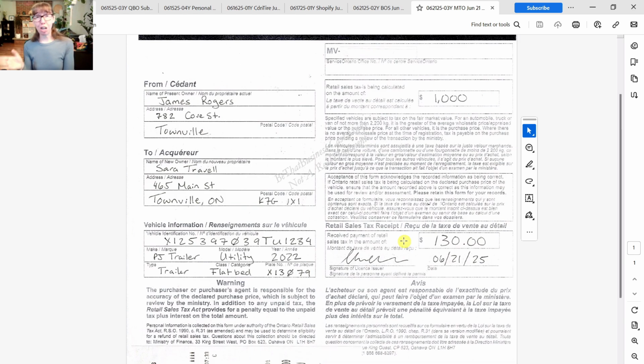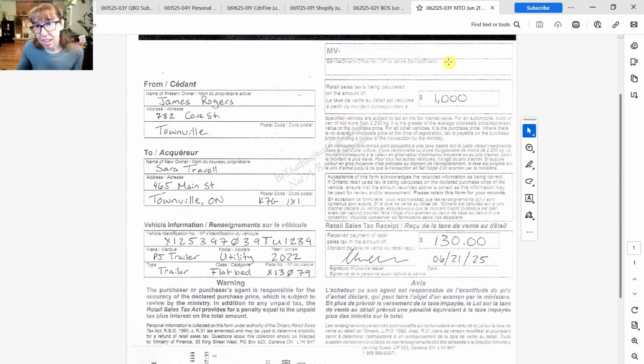We're going to see a shift to private sales if you don't keep the sales tax charged to MTO at the same 13% that the dealerships have to charge on purchase of new vehicles. So the lobbyists kept it at 13%. But we cannot claim this as a GST HST input tax credit.